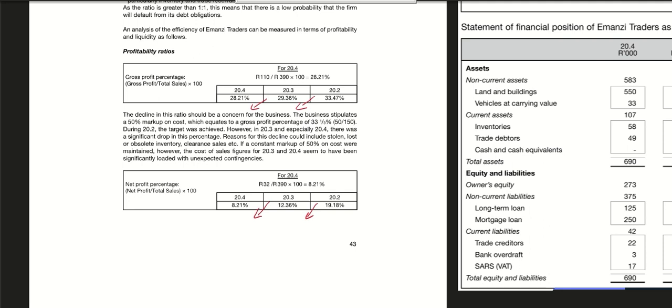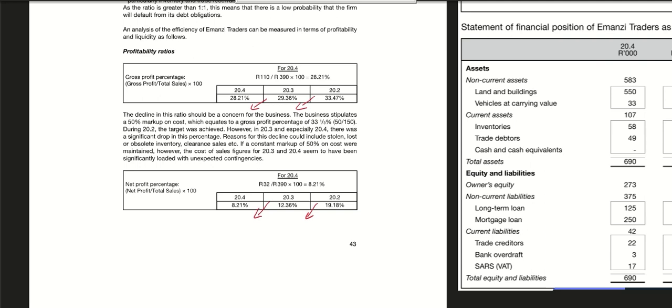We can see that the company has been losing efficiency. There was a markup of 50% that we were told. If you remember very well from part one, it doesn't result automatically in significant or increasing profits. One needs to look at the cost of sales.